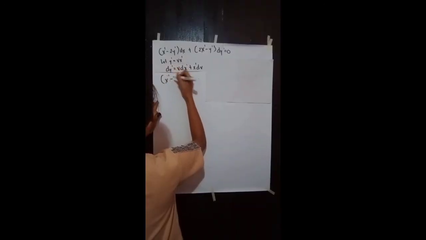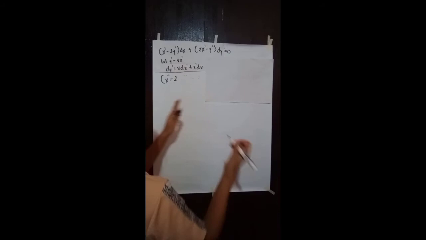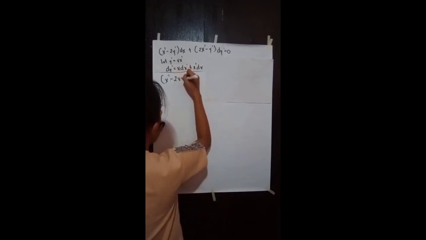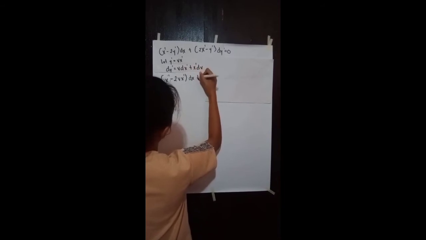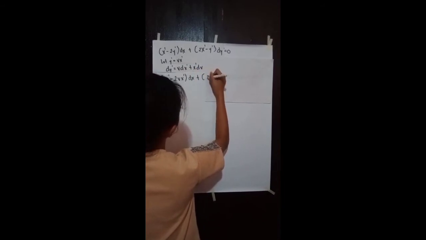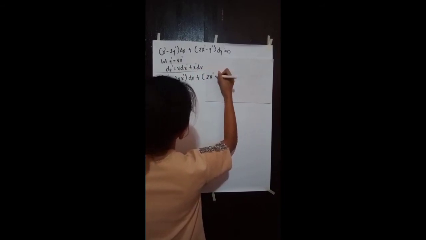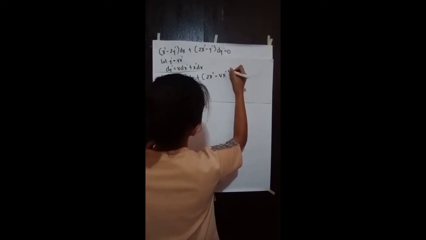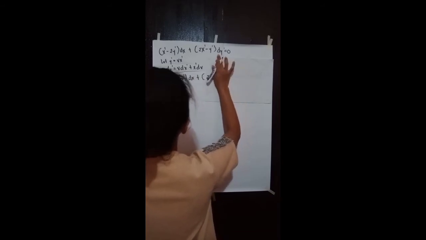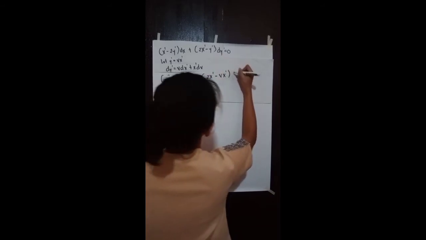(x prime minus 2, what's the value of y? v x prime) dx plus the quantity of 2x prime minus, what's the value of y again? v x prime, and dy. We also have the value of dy.